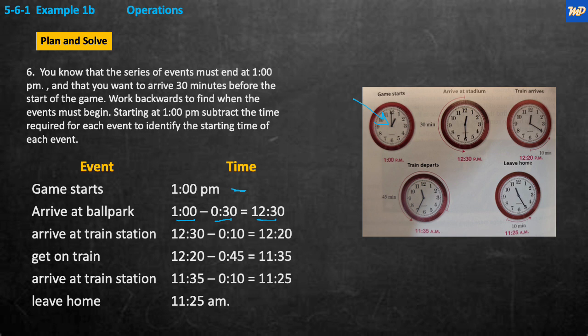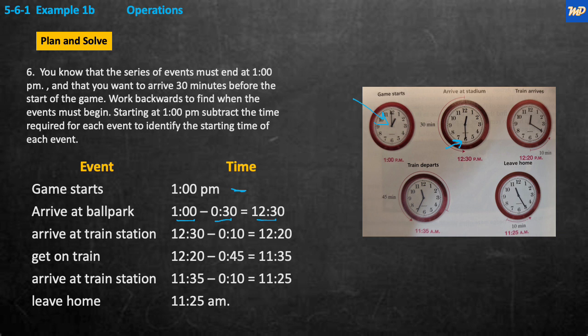So here we are. 1 p.m., subtract 30 minutes, and now we're at 12:30. Then it says, arrive at the train station. We're going backwards, right? We're leaving the ballpark and going to the train station.